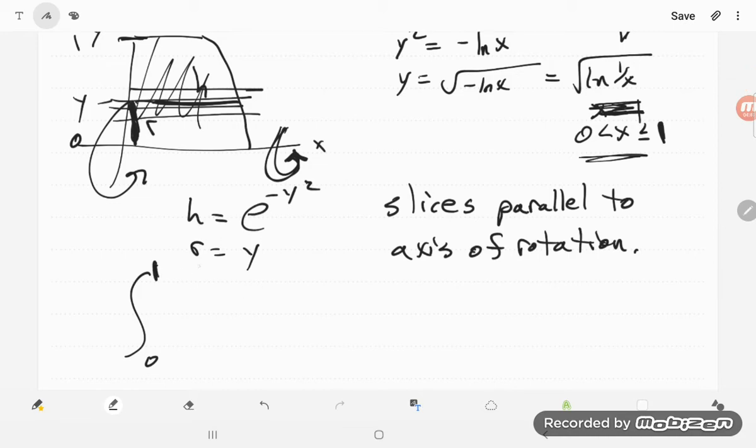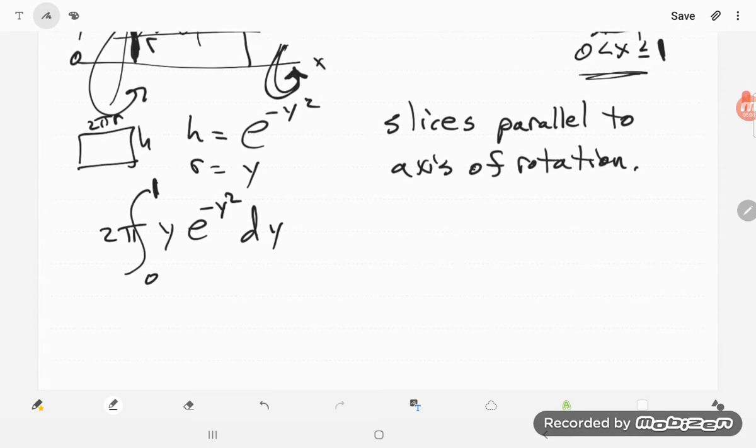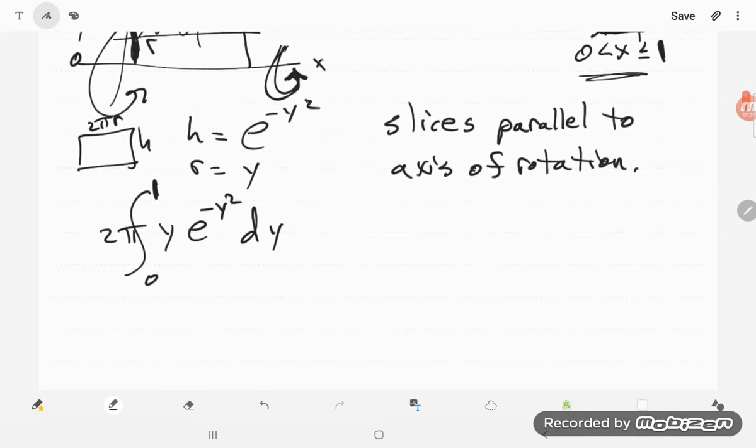I need my tin can here that is 2 pi r h. And so my 2 pi r, so there's 2 pi, and then r was just y, and then h was e to the negative y squared, and then dy for our thickness. And so we have that integral.